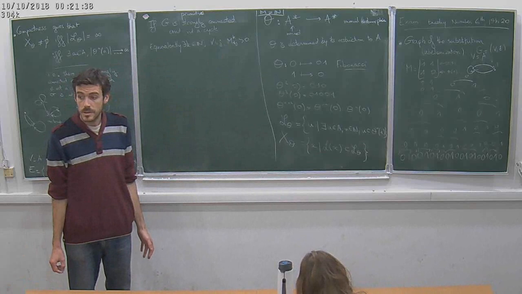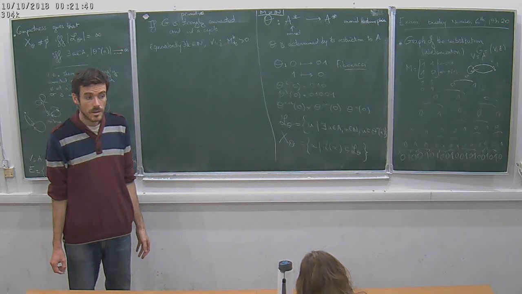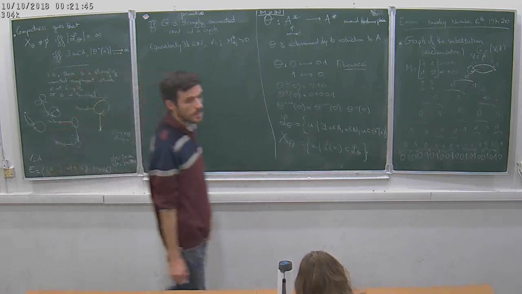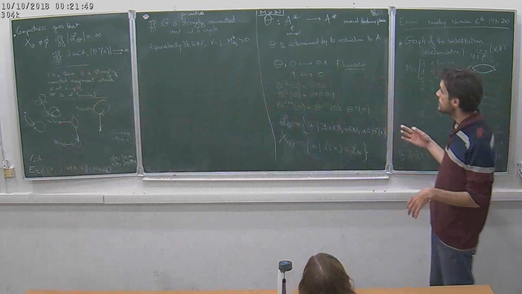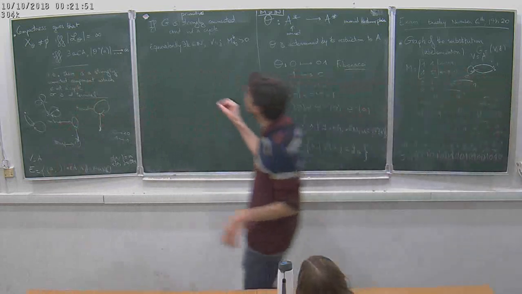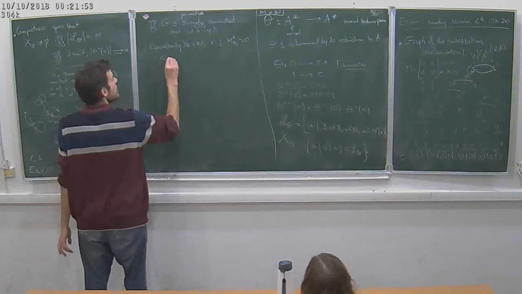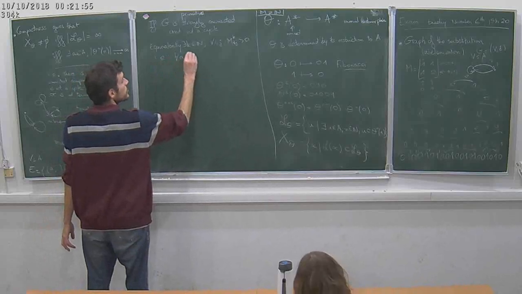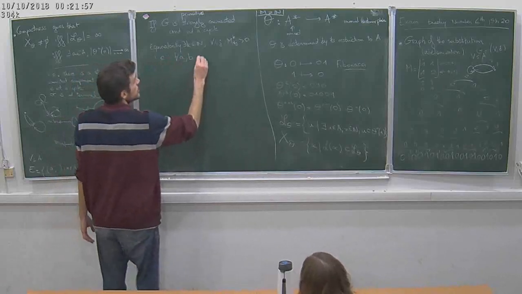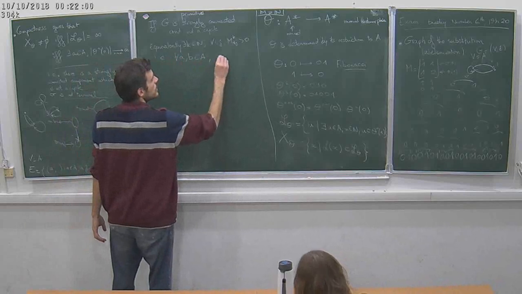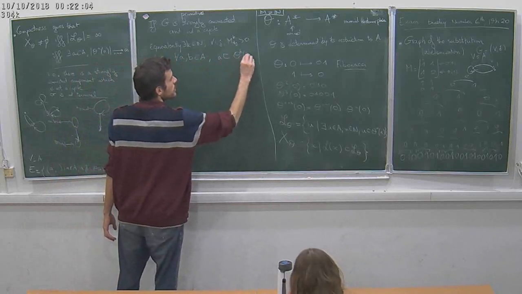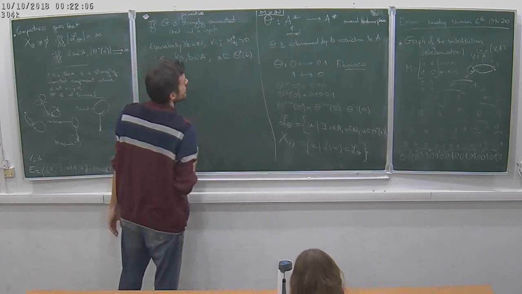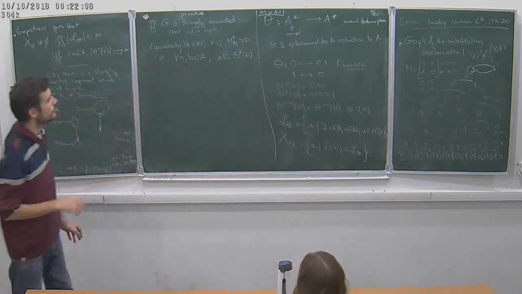By definition, you can go from anywhere to anywhere? Yes. From any letter. So for any two letters, one appears in theta to the k of the other. Okay?